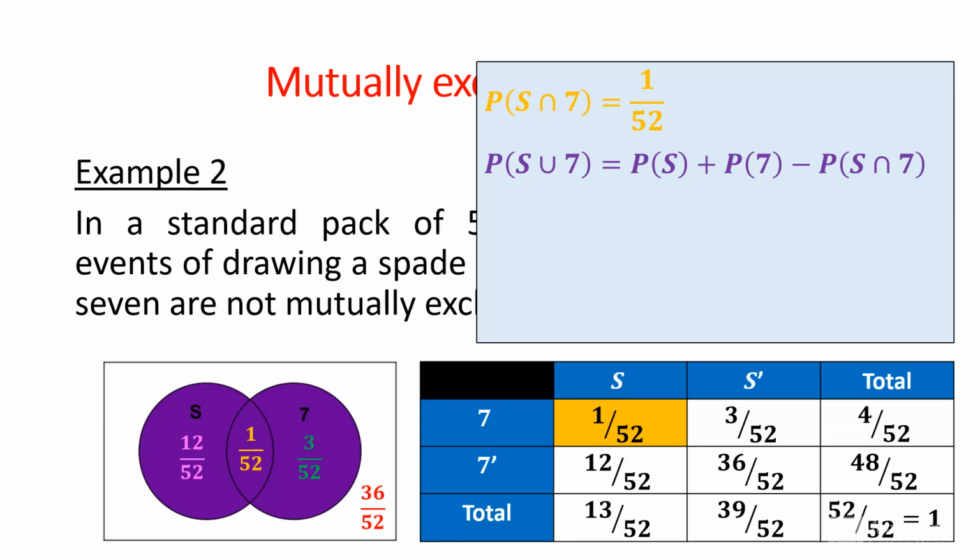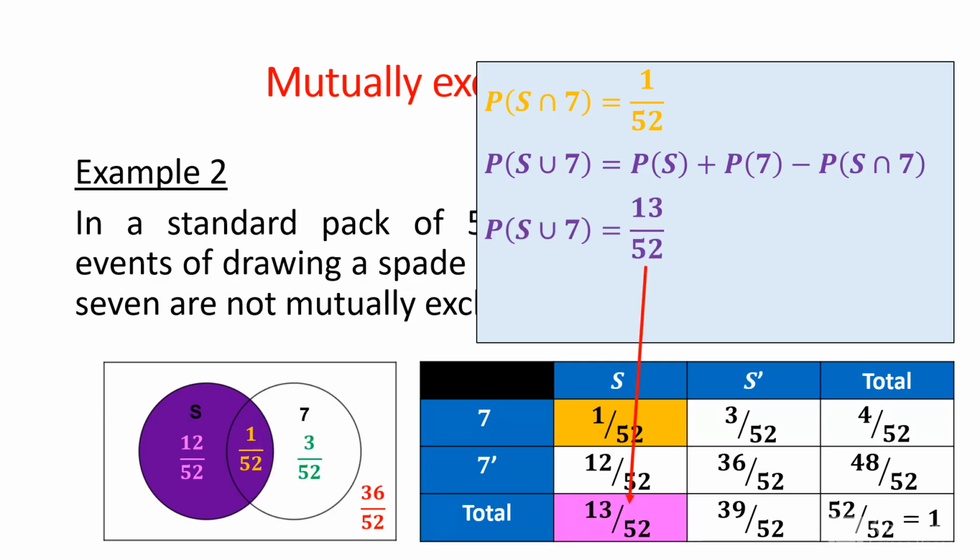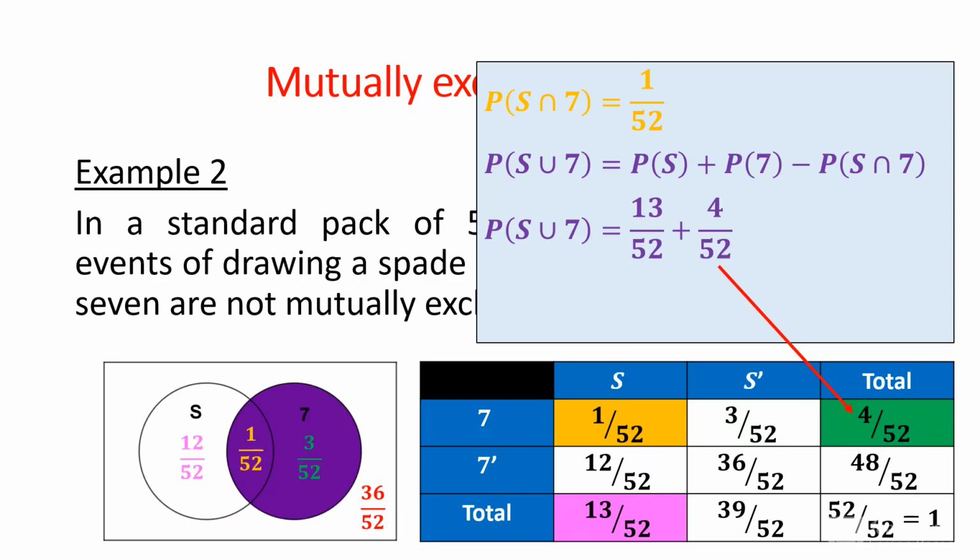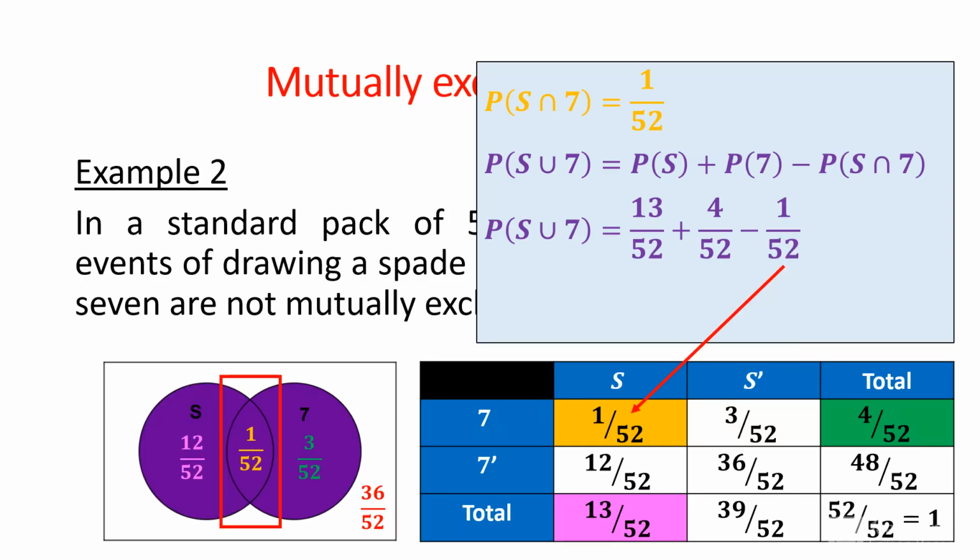The probability of spade plus the probability of 7 minus that extra bit, the probability of spade intersect 7. So the probability of getting a spade, there's 13 chances out of 52, 13 spades out of 52. And the probability of getting a 7, there's 4 7s out of 52. But we've ended up doubling up on one of those. We have to subtract 1 out of 52 to get our final answer of 16 out of 52.